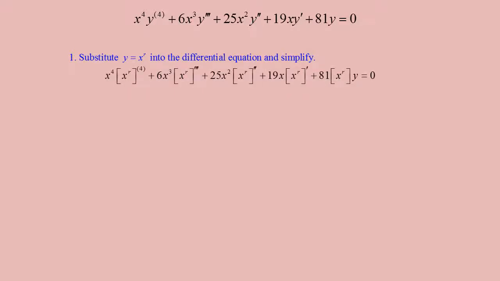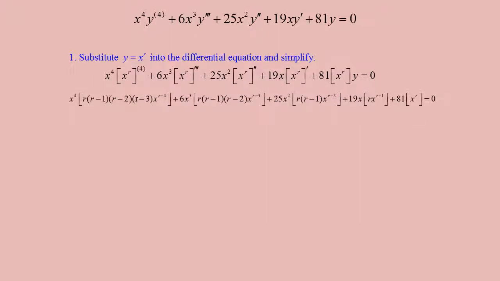Finally, let's consider this fourth degree and see what happens when we make all of the substitutions. Again, I'm just indicating that here with the fourth derivative of x to the r. I'll let you work out the details of the fourth derivative of x to the r, but here's what it comes out to be: r times r minus 1 times r minus 2 times r minus 3 times x to the r minus 4.